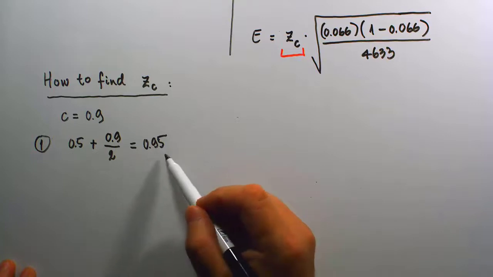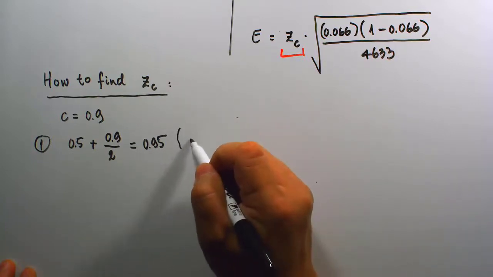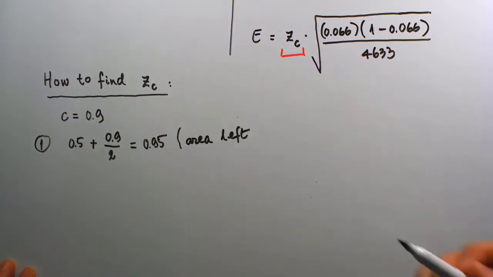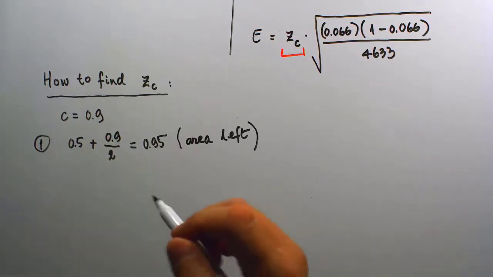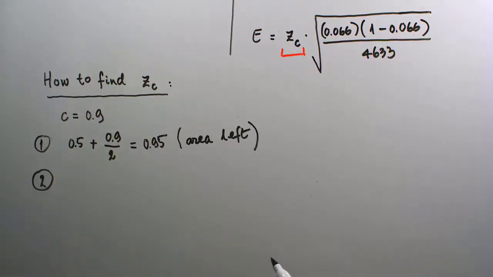This 0.95 right here is being referred to as the area left, or some left area. And then our next step, I am to find the z sub c.